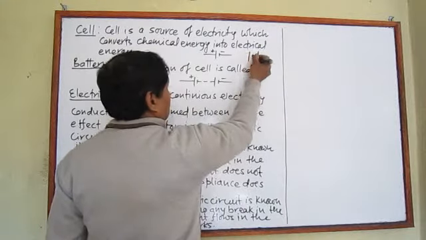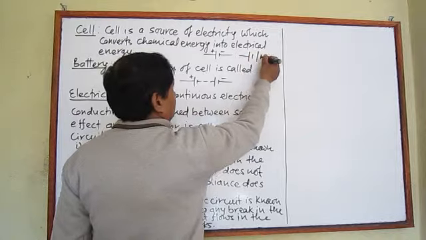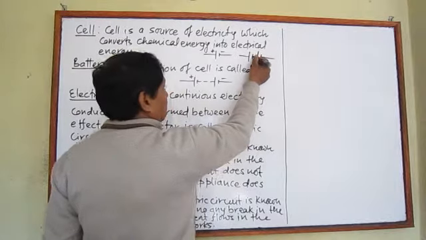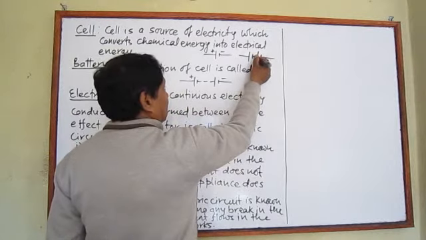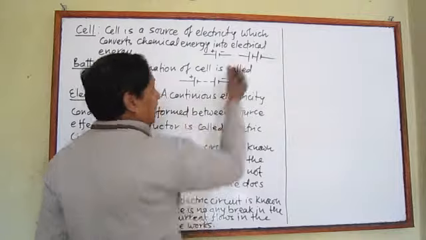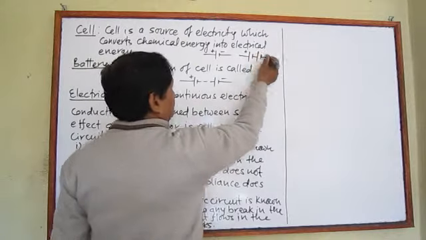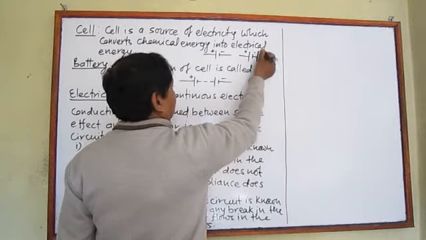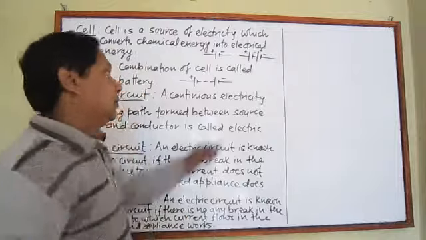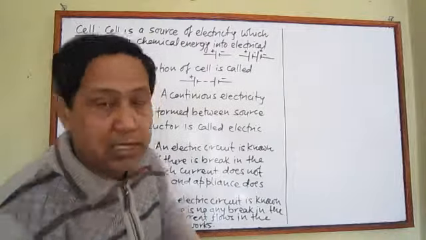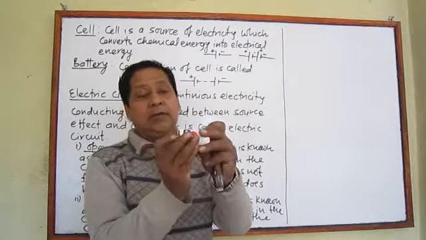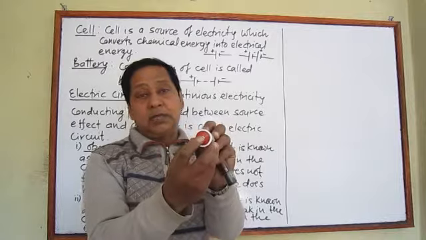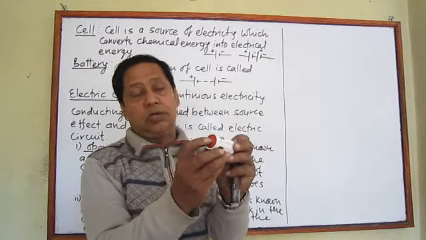This is the positive terminal, this the negative terminal. We will connect the conductor this way, and this first cell is connected with the second cell this way, and this is plus, this is minus, this is plus, this is minus, the positive terminal and negative terminal. As we know, this part represents the positive terminal.